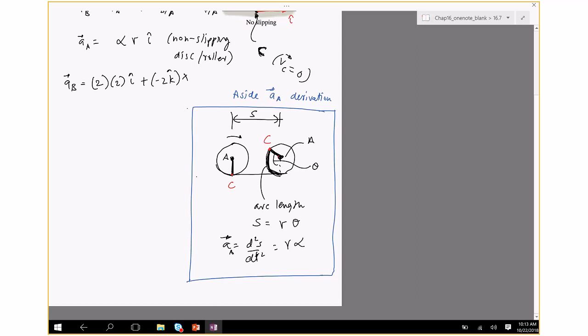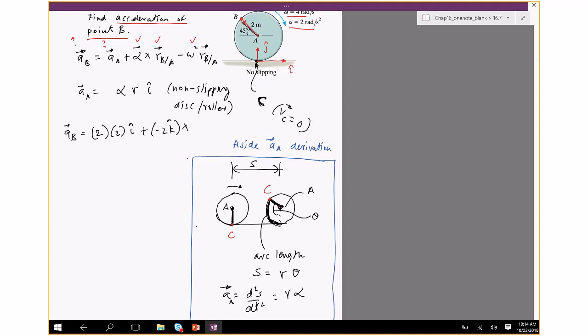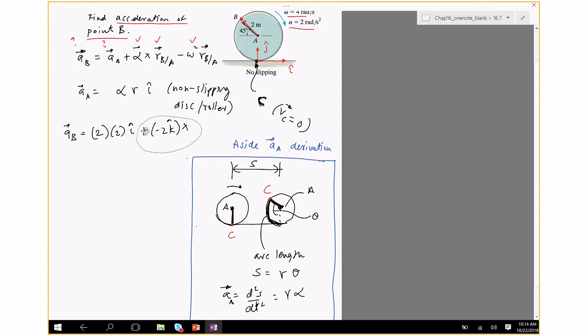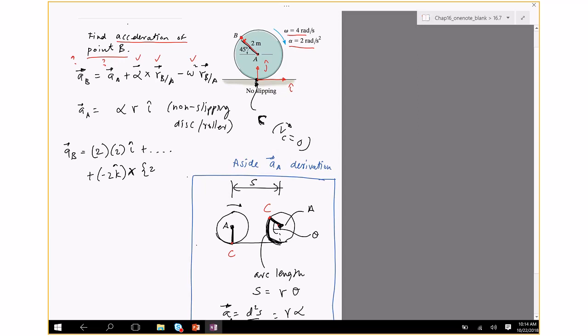I'm going to run out of space. Let me move this down. Okay, the vector from A to B is going to have a length of 2 meters. And its direction is at 45 degrees, but it's pointing in the second quadrant.